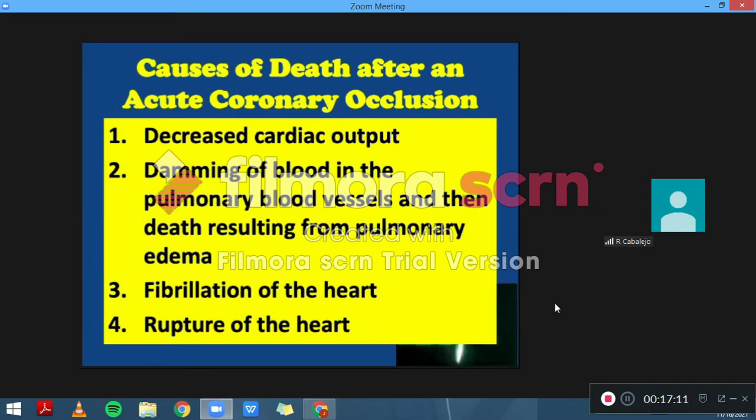The second cause of death would be damming of blood in your pulmonary blood vessels, and then death resulting from pulmonary edema. Usually this develops days after, because there's a bit of delay in the response of the kidneys. You may also develop ventricular fibrillation, usually within the first minutes to 10 minutes or up to the first hour.